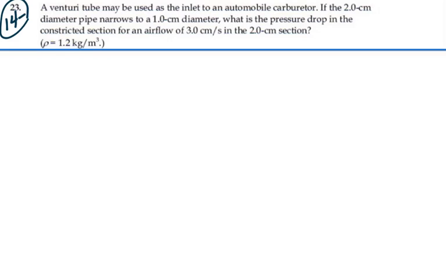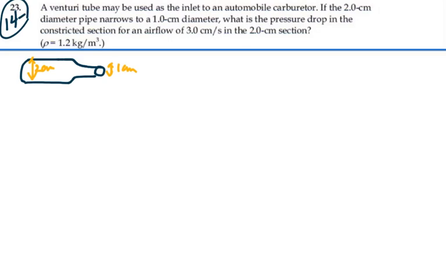Alright, so we're going to have a pipe that goes from a larger section down to a smaller diameter, and the original diameter is 2 centimeters and the final diameter is 1 centimeter. Well, the continuity equation applies to this.